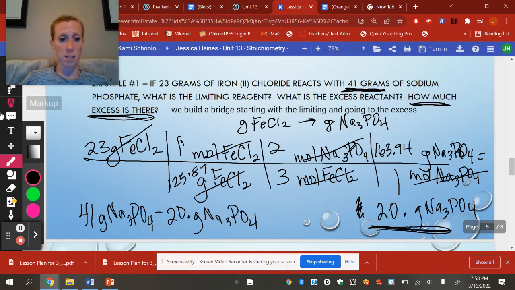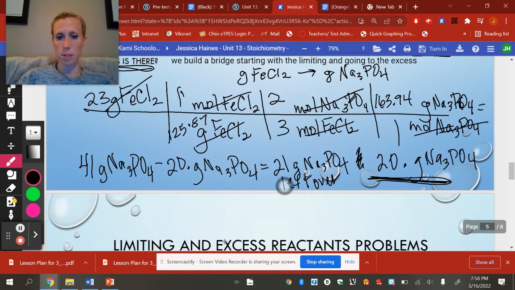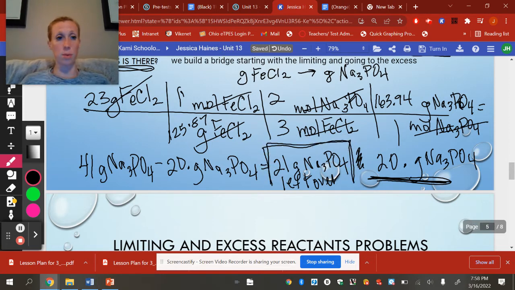You should be subtracting two numbers with the same units and the same label, and you end up with 21 grams of Na3PO4 left over. That's all to get to the answer to the second question, which was, how much excess is there?